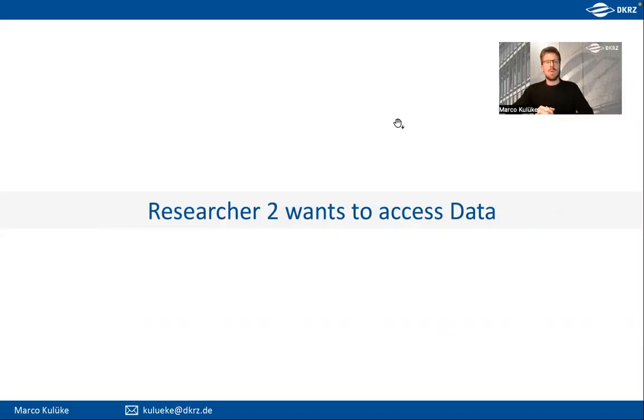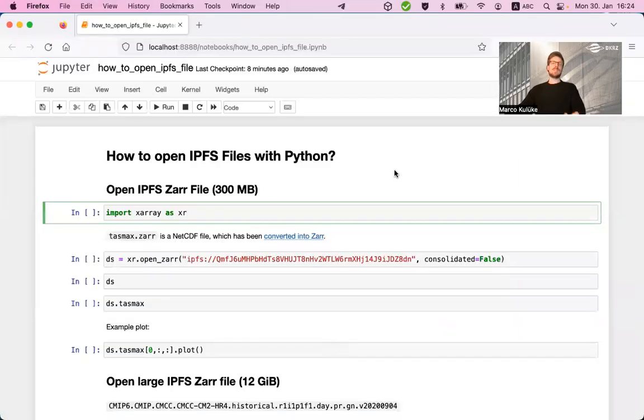Now I'm going to show you how to access files which are hosted in the interplanetary file system. In order to access files in the interplanetary file system, you can simply use xArray from Python.